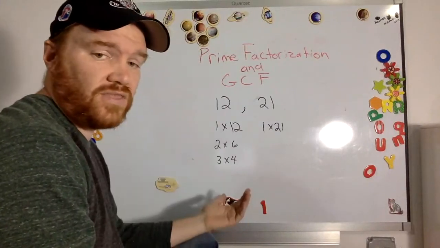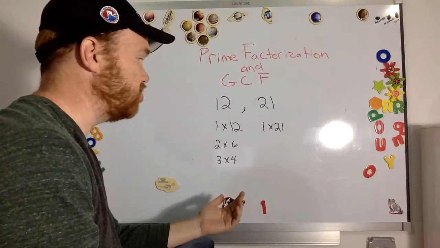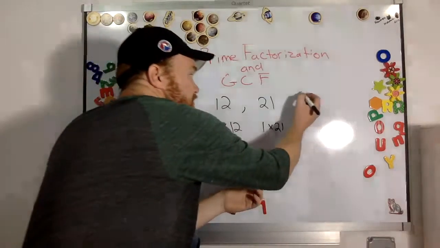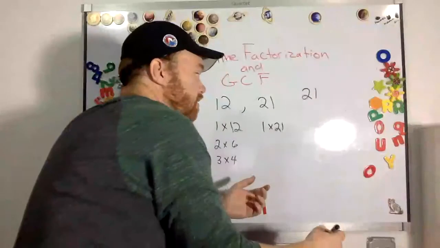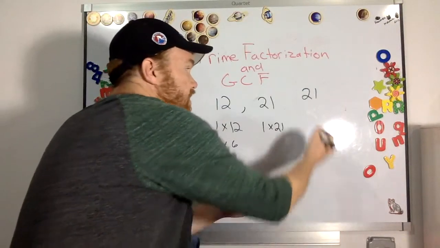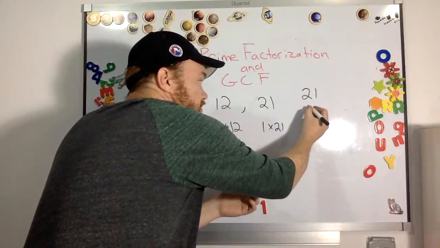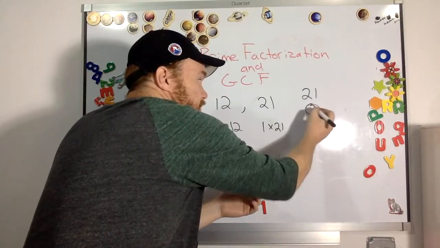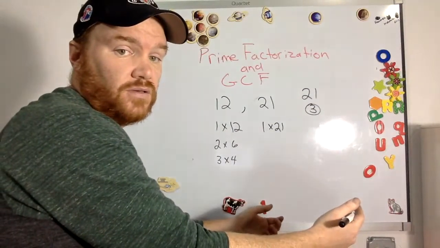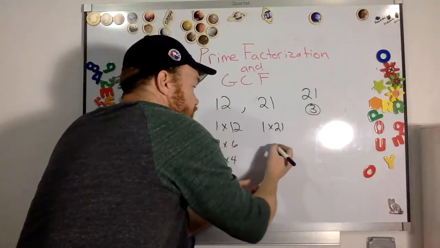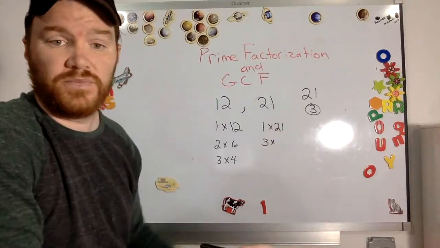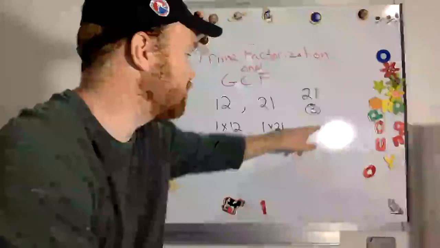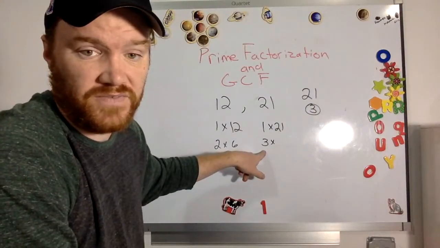We can first check our rules. 21, so we add 2 and 1. 2 plus 1 is 3, and 3 is a factor of 3. So based on my divisibility rule, I know that 3 is a factor.